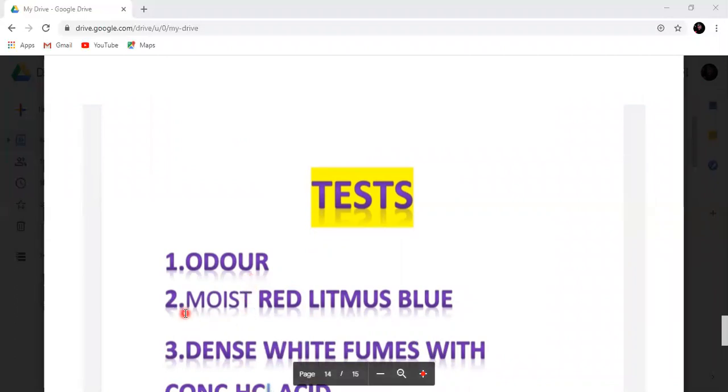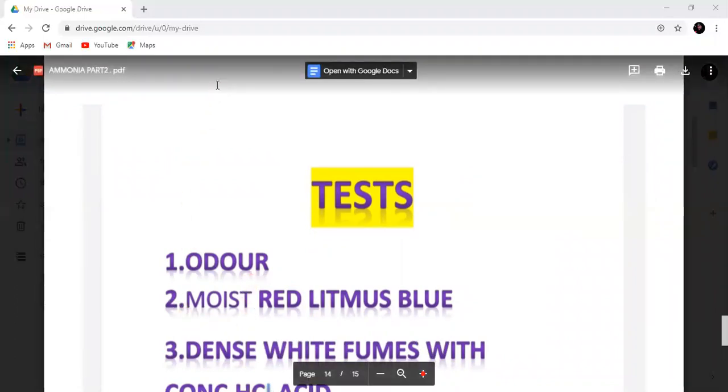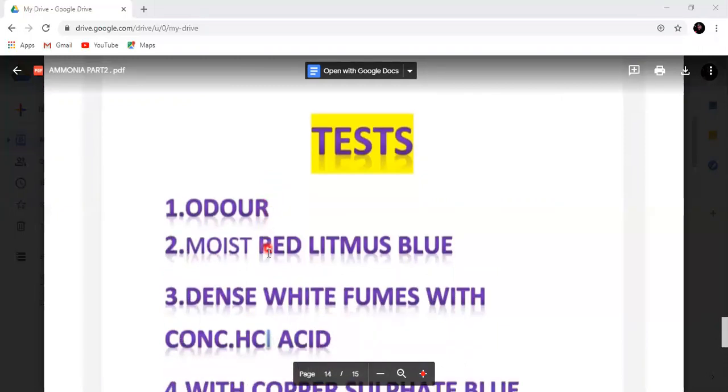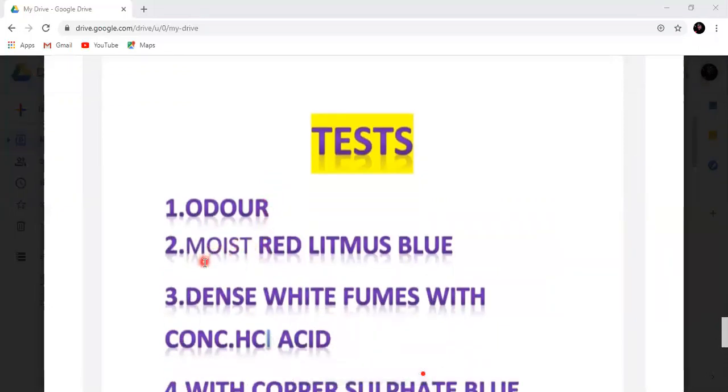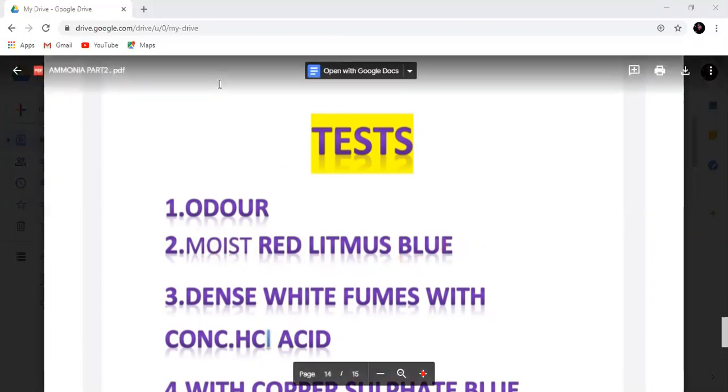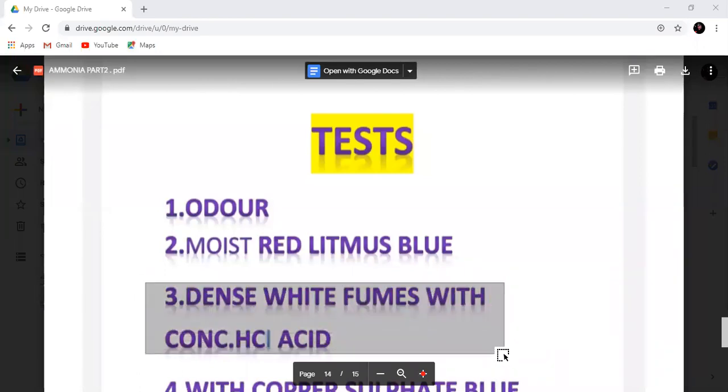And when it is in the aqueous state, it will turn red litmus blue. That we have studied already in the fountain experiment. Next property, a very important property, is a dense white fume with concentrated HCl acid.